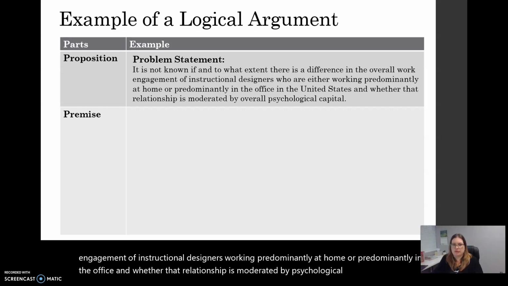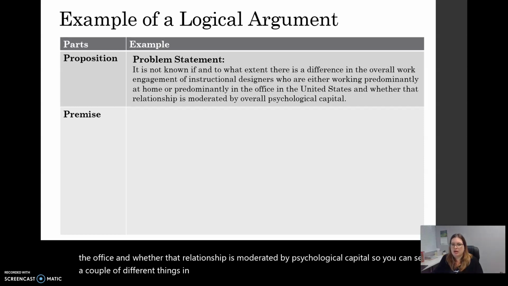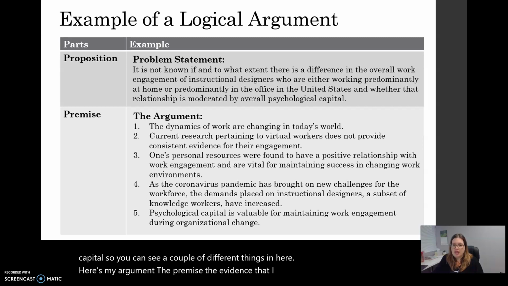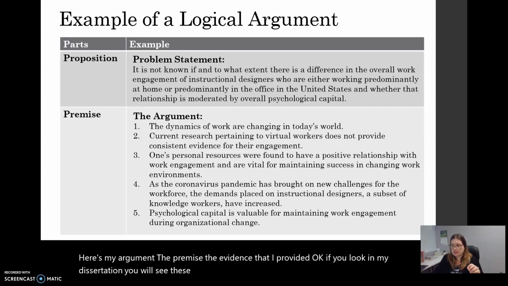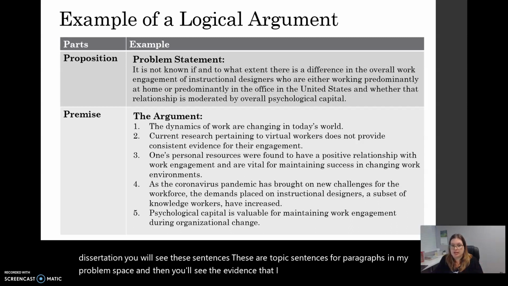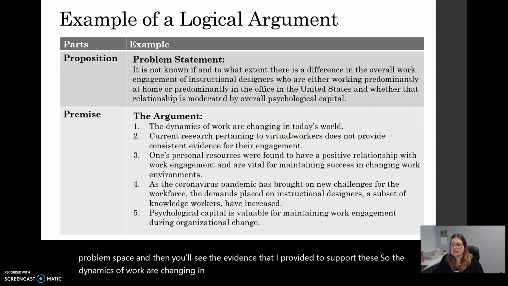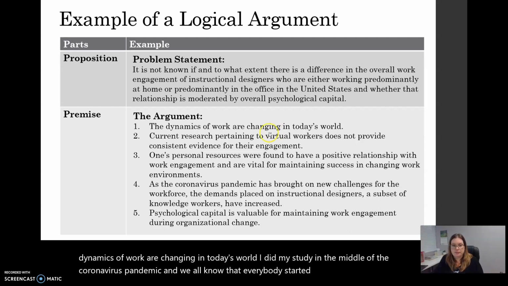So you can see a couple of different things in here. Here's my argument, the premise, the evidence that I provided. Okay, if you look in my dissertation, you will see these sentences. These are topic sentences for paragraphs in my problem space, and then you'll see the evidence that I provided to support these. So the dynamics of work are changing in today's world. I did my study in the middle of the coronavirus pandemic, and we all know that everybody started working virtually.